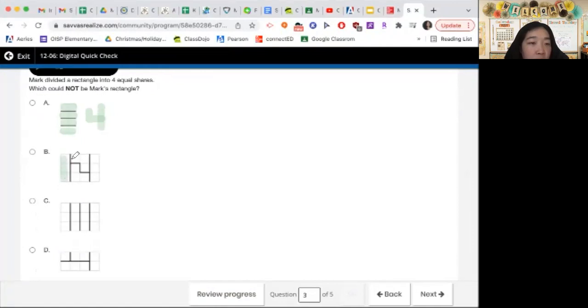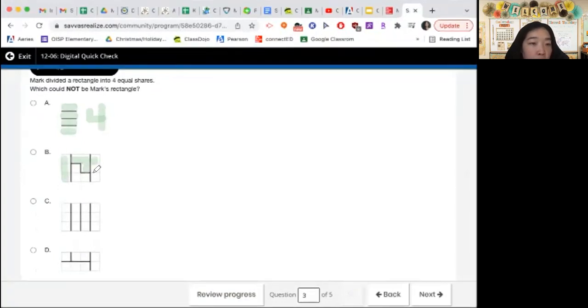There's 1, 2, 3, 4 pieces in each one. So all of them were split into 4s, but in one of them the pieces are not equal.